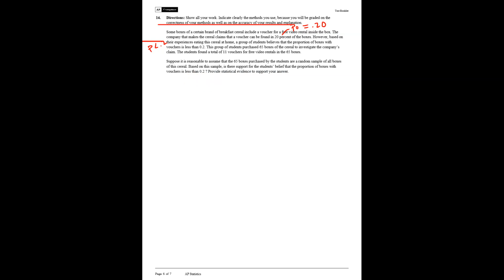Move this over here, I might need to write. So, choose. We're doing a 1-prop z-test for P. Don't forget to define your parameter. True, what does it say?